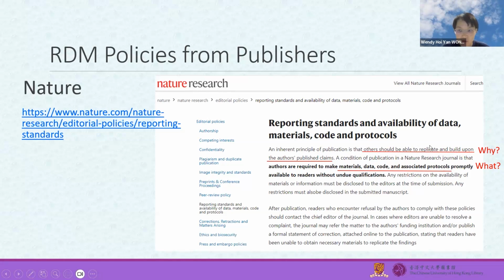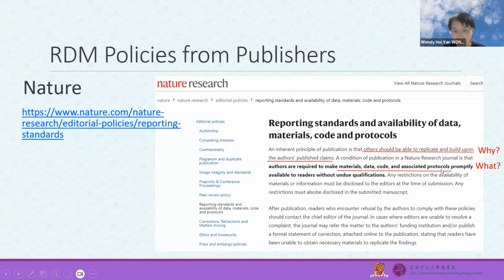Replicating and reproducing your research using your shared data is important to prove that your claim is valid, and to let others further build on your research statement. Furthermore, Nature states what kind of data should be shared: data, materials, like what I stated at the very beginning of this workshop, the codes and the associated protocols.